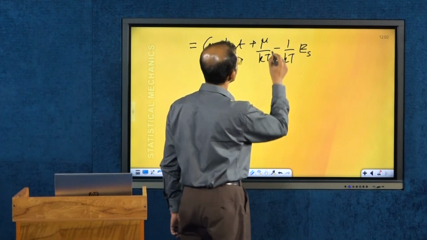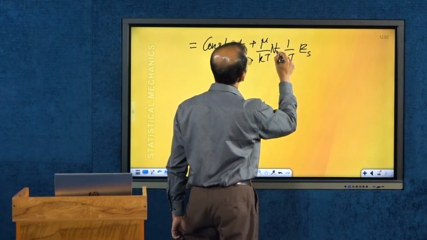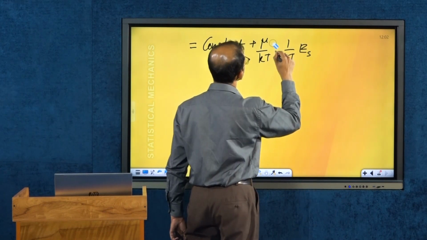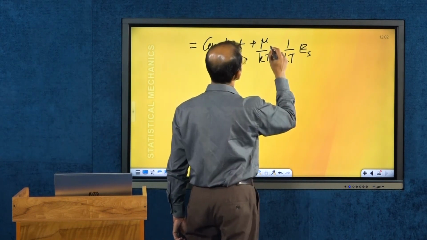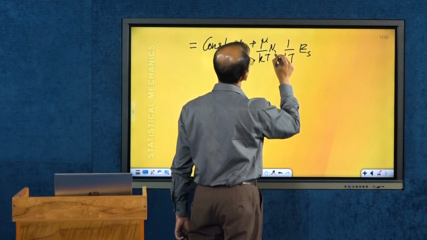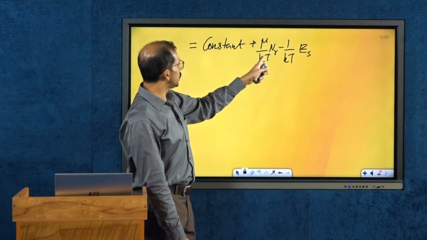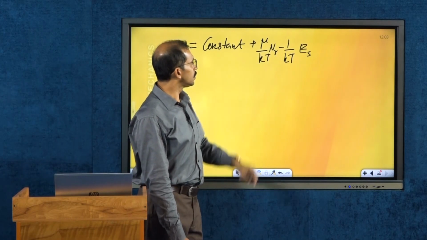Sorry, there was plus mu by kt nr minus 1 by kt Es.